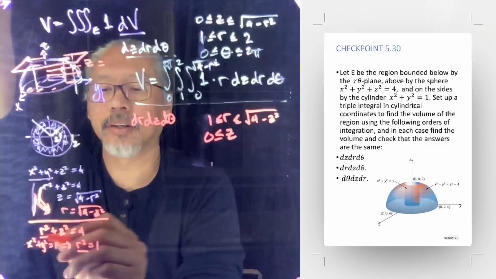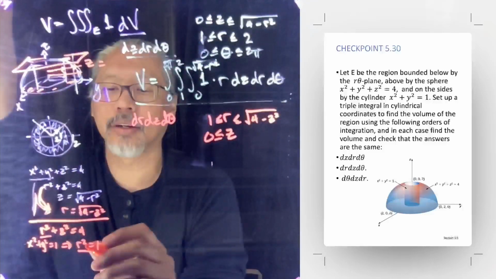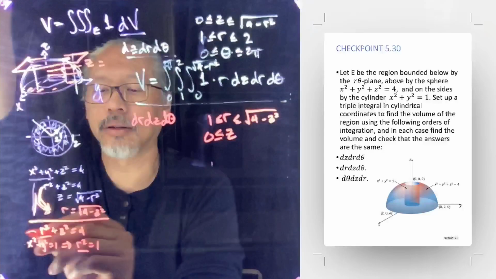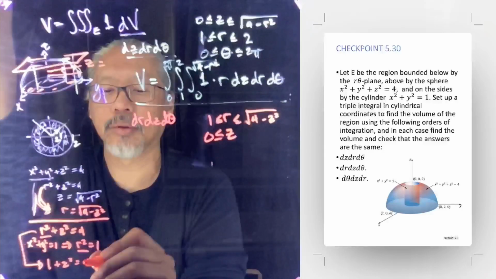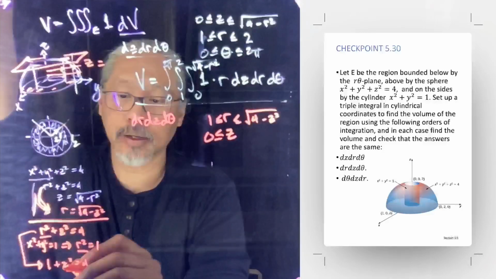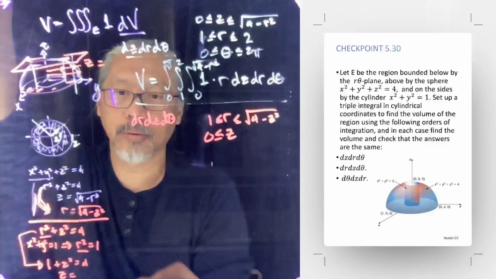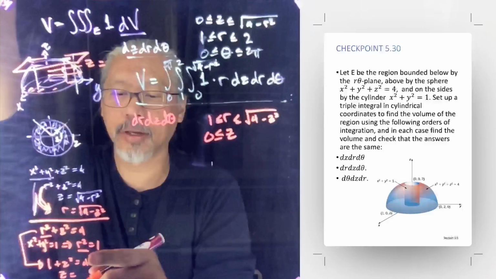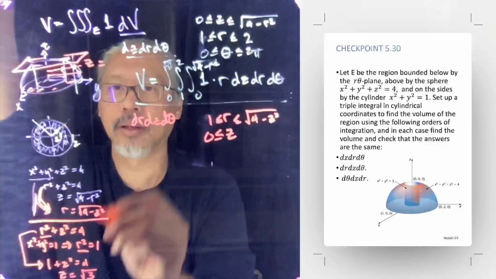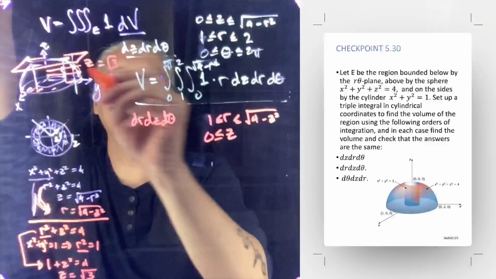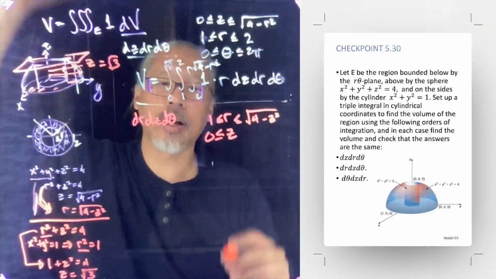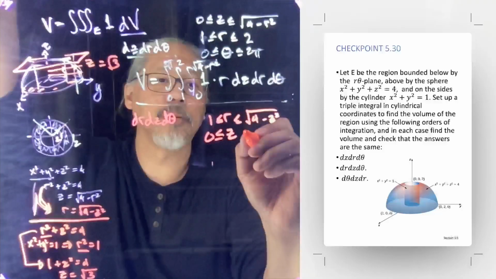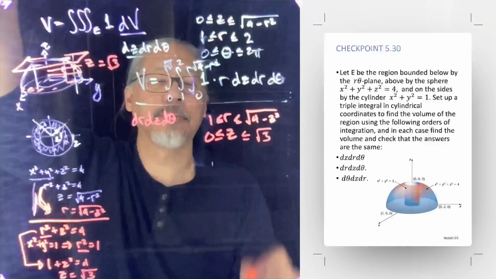Conveniently, we can just replace r squared with 1. 1 plus z squared is equal to 4, so z is the square root of 3. So that's the z plane where you stop. It's going to go from 0 to the square root of 3.